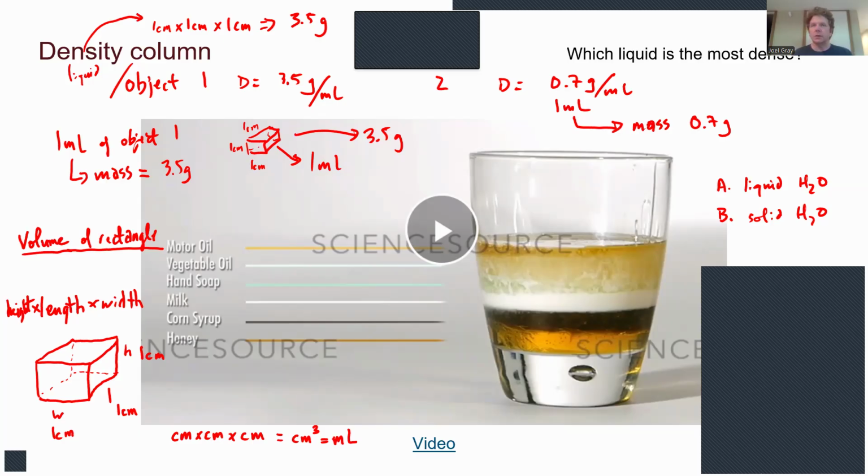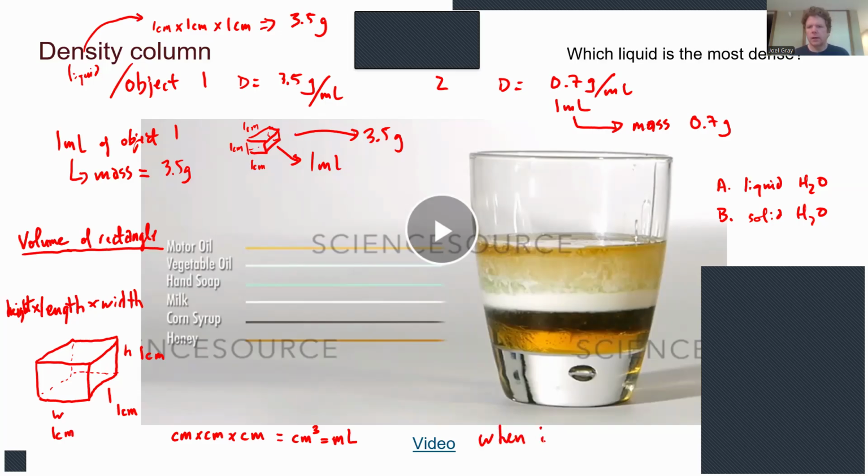So a solid chunk of water is going to float. Would everyone agree with that statement? Give me a number in the chat if you agree that ice floats in water. Okay.